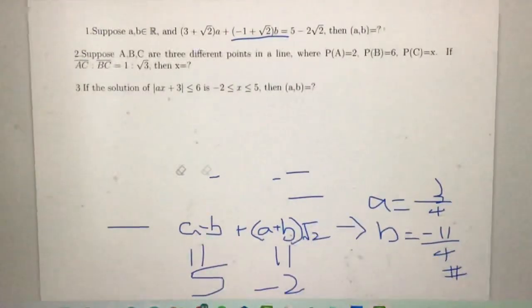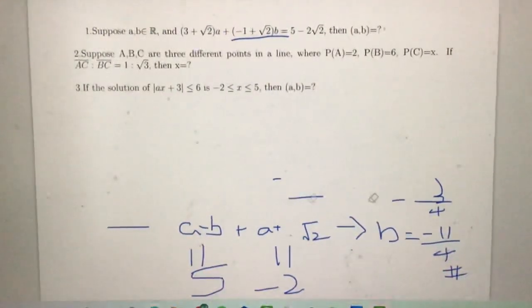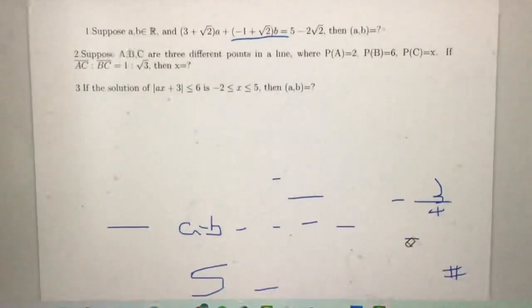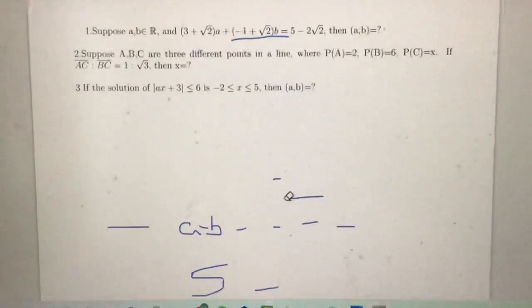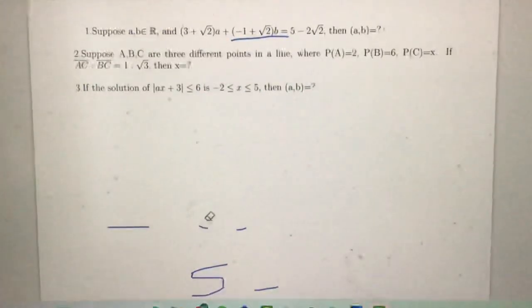Okay, so the second problem says suppose A, B, C are 3 different points on a line, and A is 2, and B is 6, and C is X. We don't know.